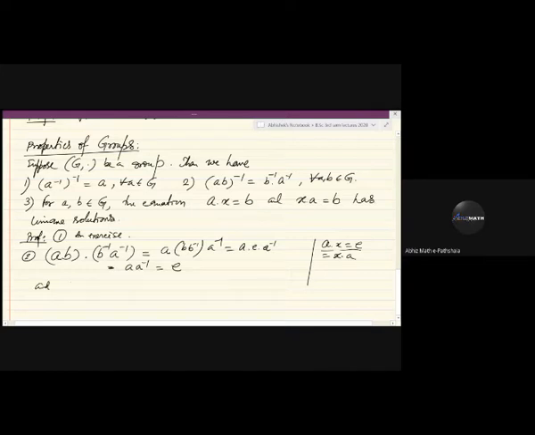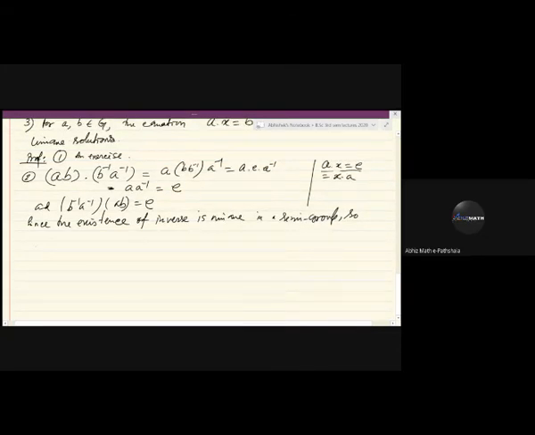And also it is obvious this is also identity. And now, since the inverse is unique in a semigroup, that is an algebraic system having associativity, we have AB inverse is B inverse A inverse. Okay.